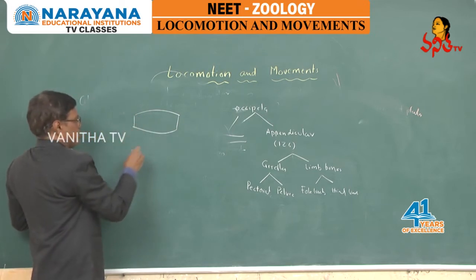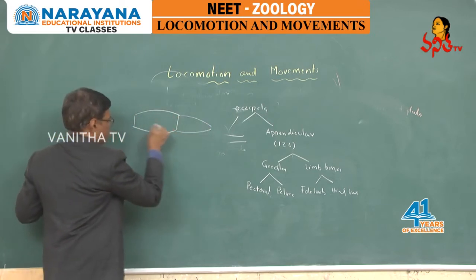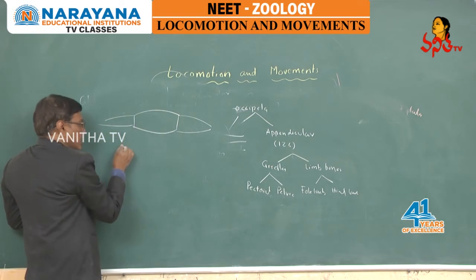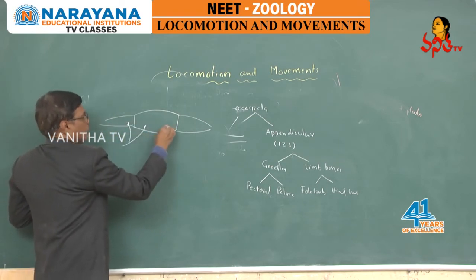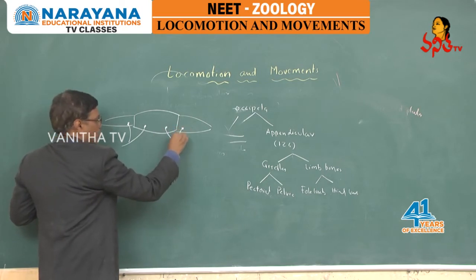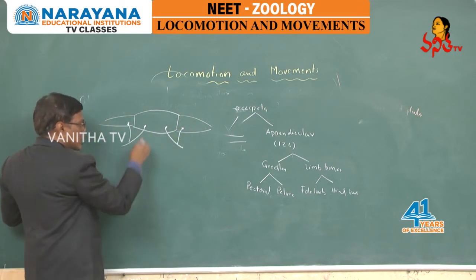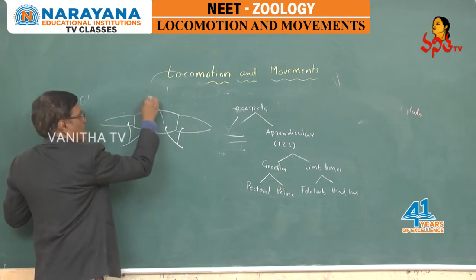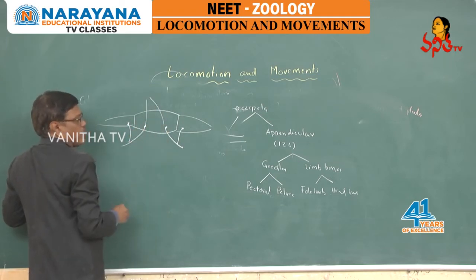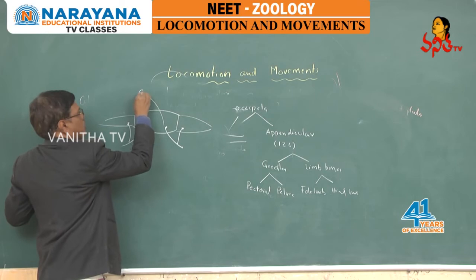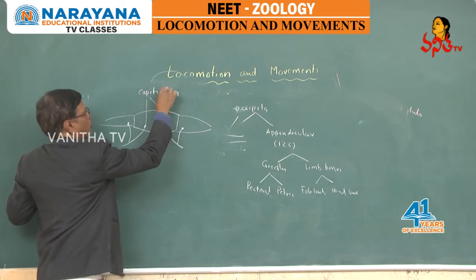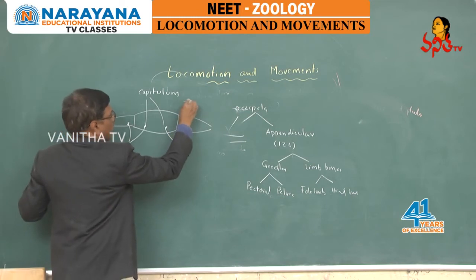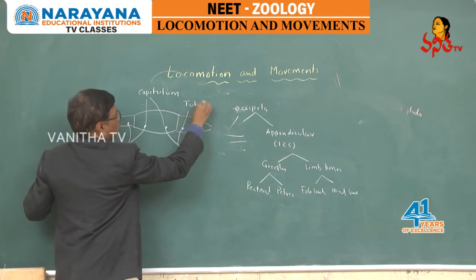On the dorsal side, where they articulate to the vertebra, they are forked with two heads. The first head, by which they attach to the centrum of the vertebra, is called the capitulum. The second head is called the tuberculum.